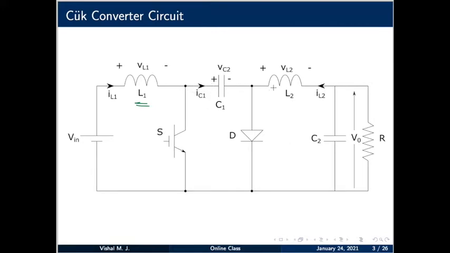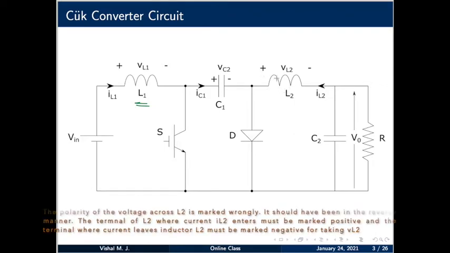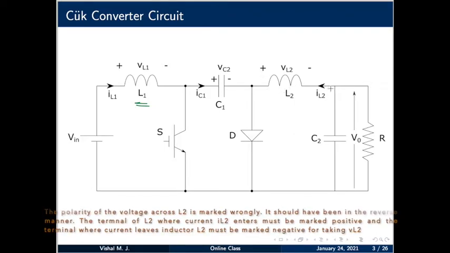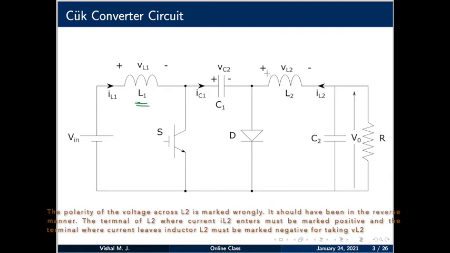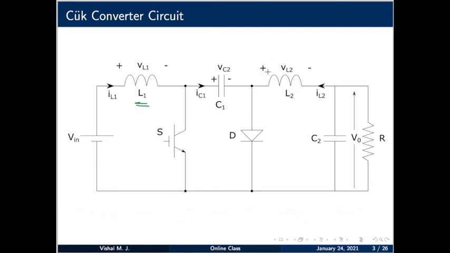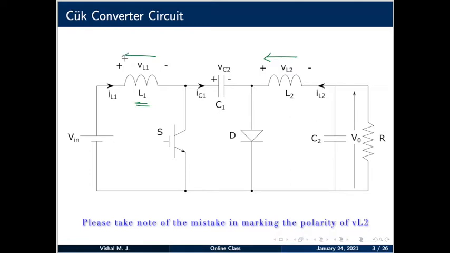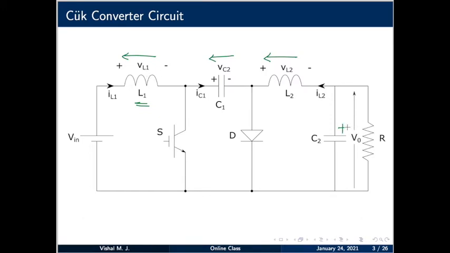Similarly, for inductor L2, the current is from right to left, IL2, and the voltage polarity is positive towards the left and negative towards the right. This is the way VL2 polarity is marked, and this is the way VL1 polarity is marked. Similarly, VC2 is also marked like this. Okay. Now, the output voltage polarity: top side is positive and bottom side is negative.